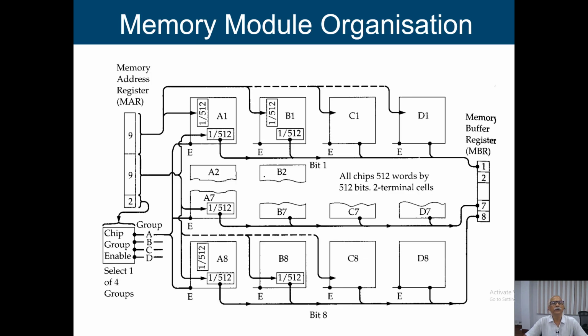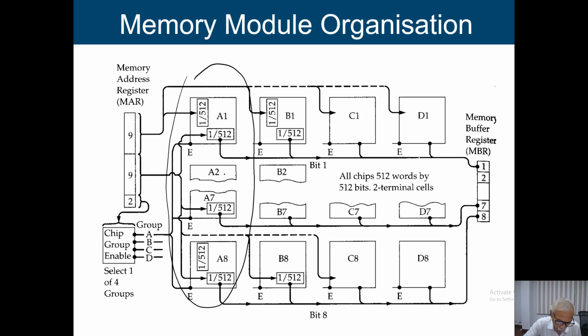Now similarly, come to another memory module organization and see what we get here. You try to analyze it yourself, or anyway I will give some hints later on. Look at this diagram with this combination.